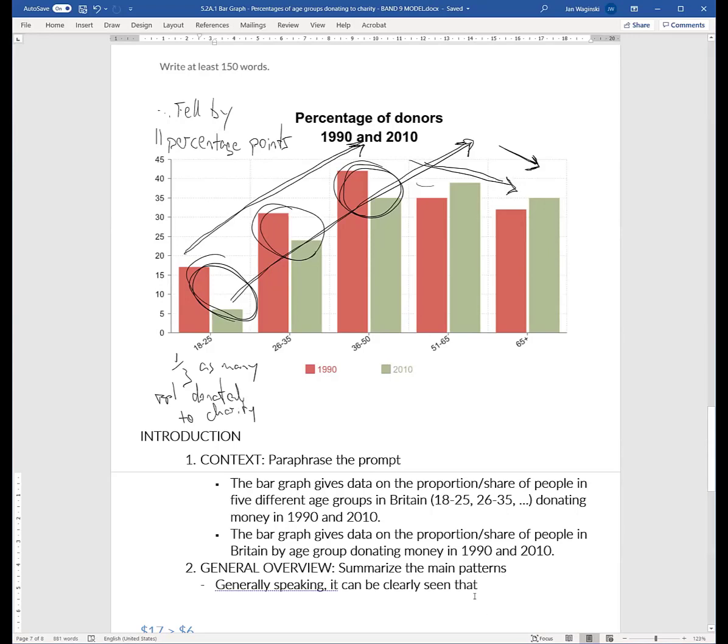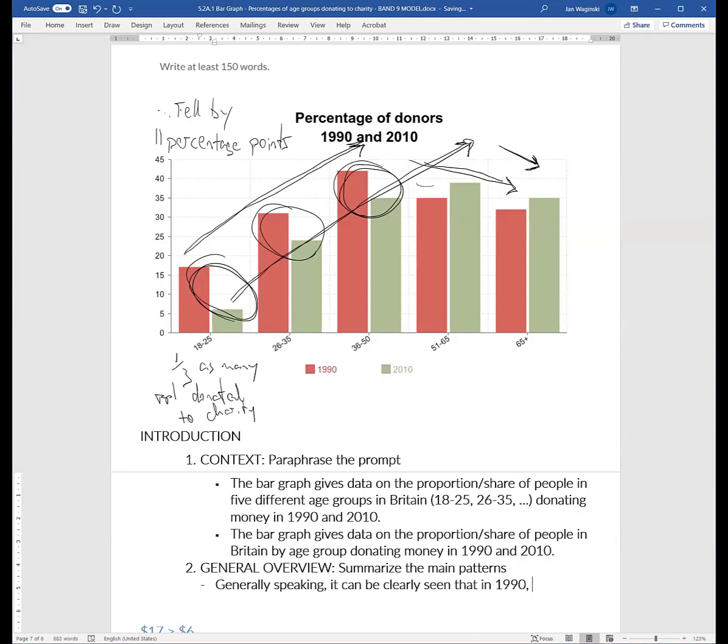It's complicated. I don't know. I don't want to lose it. Okay. It's not that complicated. Okay, go ahead. Generally speaking, it can be clearly seen that in 1990 more people aged 18 to 50 donated to charities.